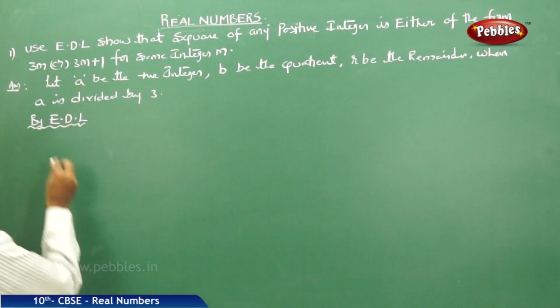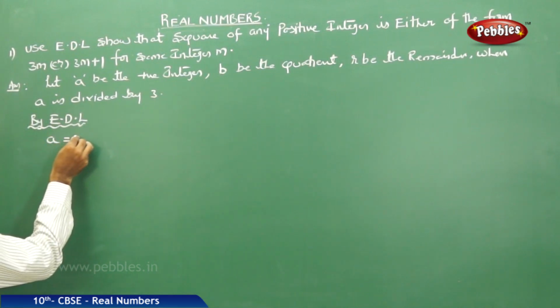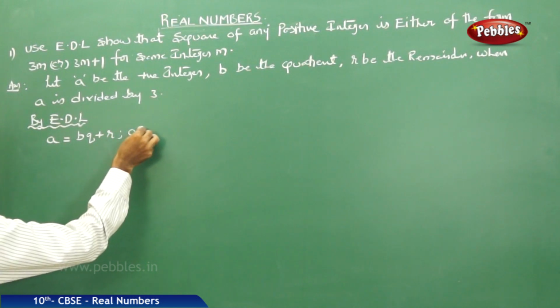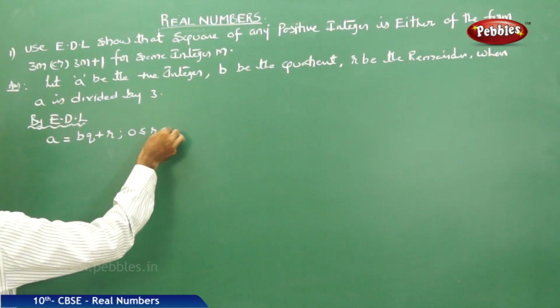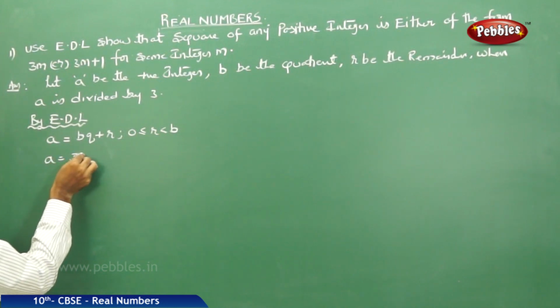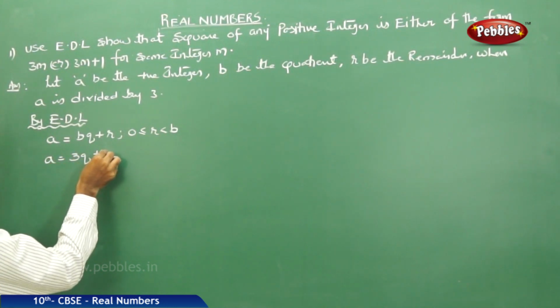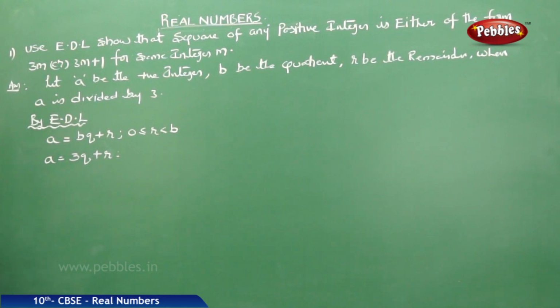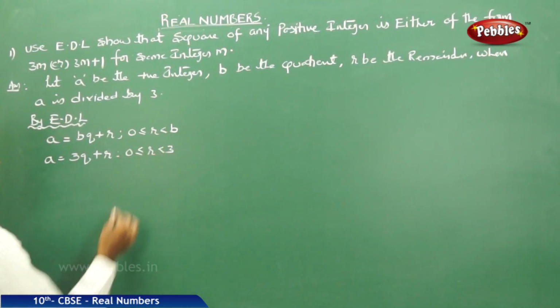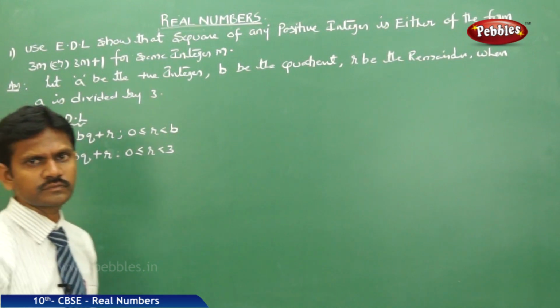What will you write? Formula: a is equal to bq plus r, where 0 less than or equal to r less than b. Then a is equal to 3q plus r, that is 0 less than or equal to r less than 3, because your b value is 3.